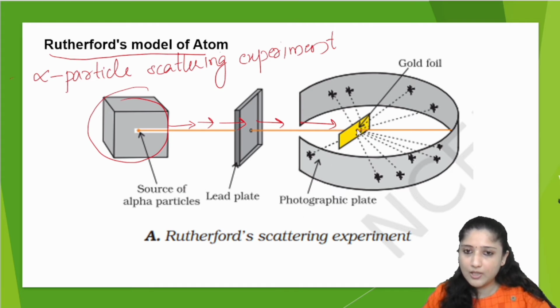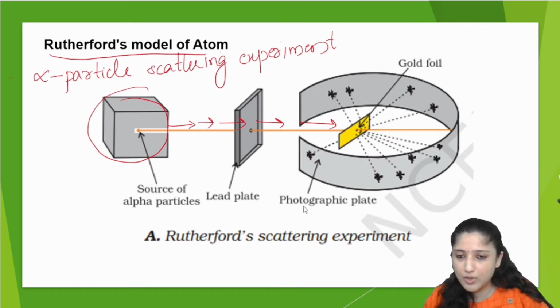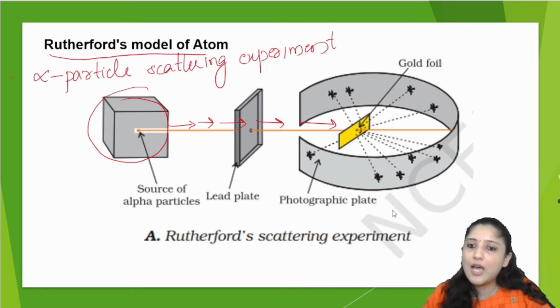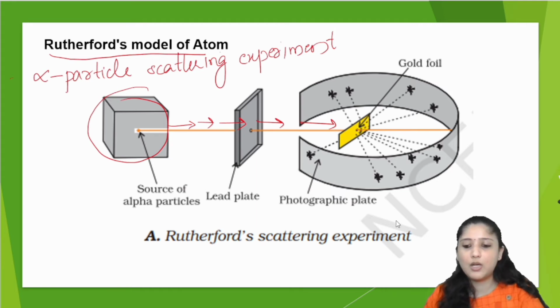When the alpha particles get deflected from the gold foil, they touch the photographic plate and a tiny flash of light is produced. This is the alpha particle scattering experiment conducted by Rutherford and his students.